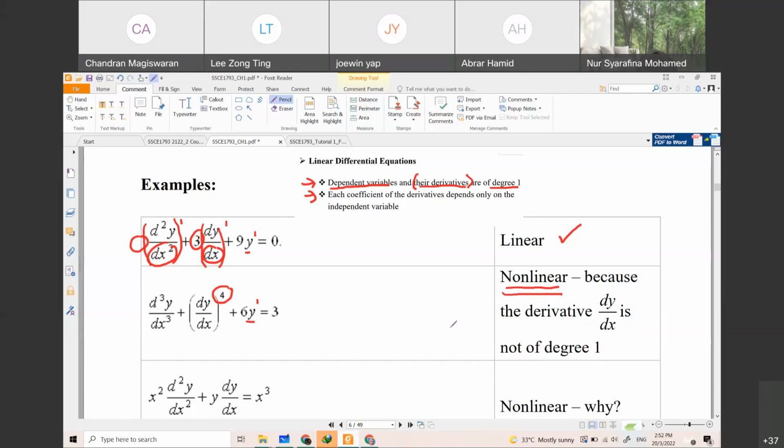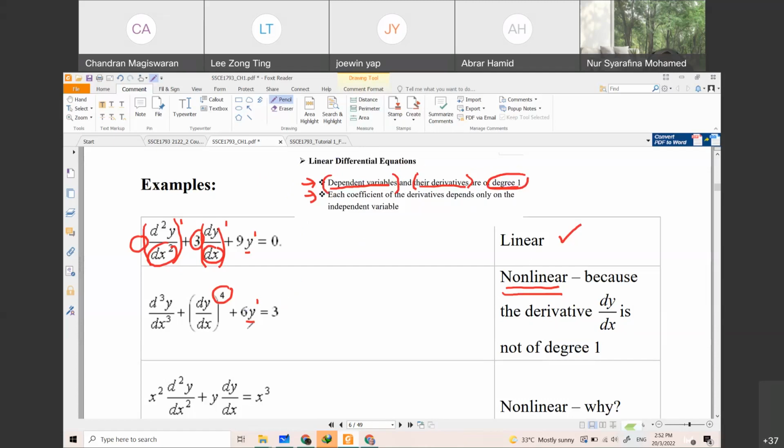Can you explain again? The second one, the non-linear. Okay. It is non-linear because the derivative is not of degree 1. In order to fulfill the criteria of a linear function, you have to make sure that the dependent variable and its derivatives are of degree 1.